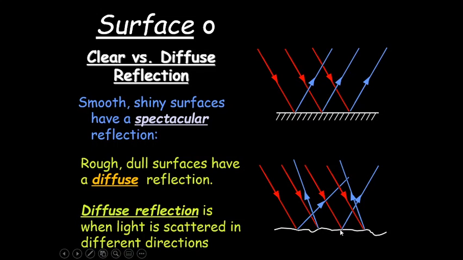Yes, you're going to get reflection from the water, but it's not going to be a nice reflection like if it's very still water, right? Why is that? As light is coming down, it's going to hit these little crags and crevices, and it's going to deflect at very odd angles. So rough, dull surfaces have a diffuse reflection. Diffuse reflection is when light is scattered in different directions.